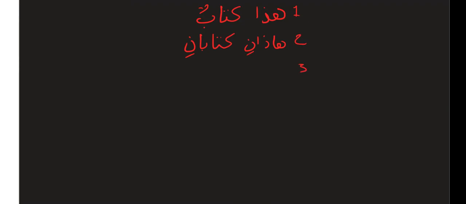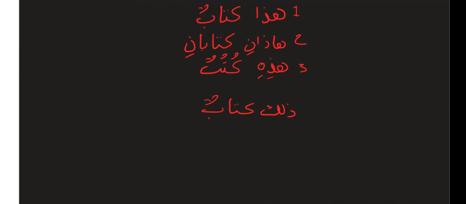We've done it last lesson. Remember when it's جمع غير عاقل, we would say هذه كتب. And for اسم إشارة للبعيد, we would say ذلك كتاب, which means that is a book.